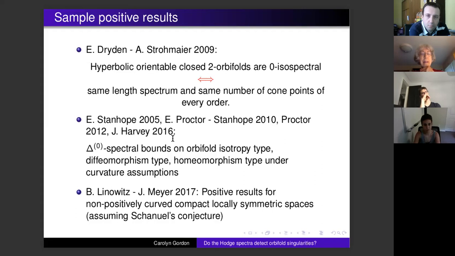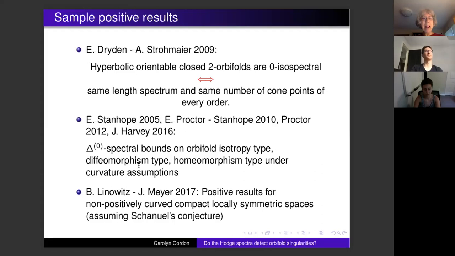There's a series of papers, first by Liz Stanhope, then by Emily Proctor and Stanhope and Emily Proctor herself, and later by John Harvey, that get spectral bounds on orbifold isotropy type, and then diffeomorphism type, and then homeomorphism type under curvature assumptions on the orbifold.